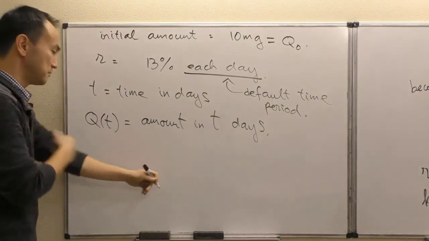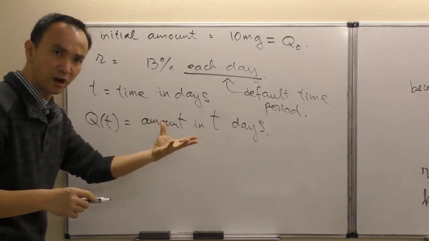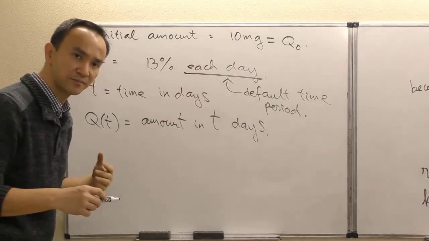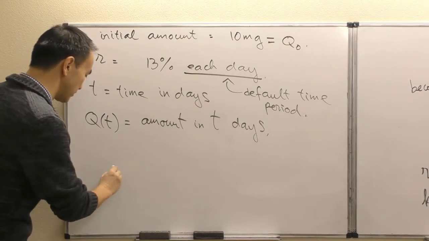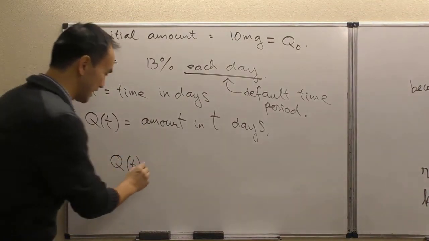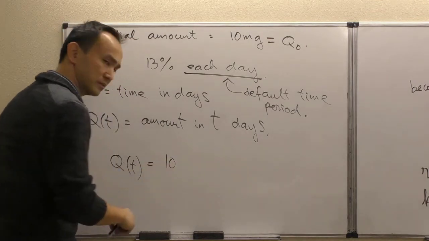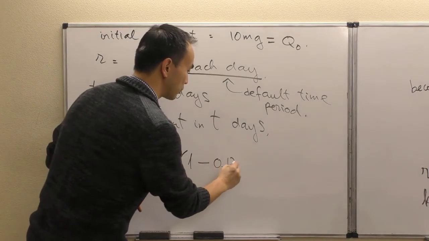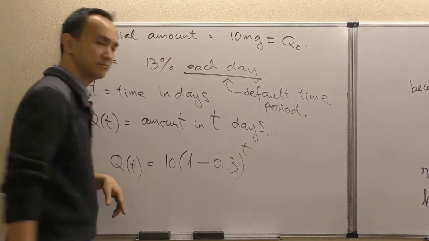So now, when I was working on this problem number 4, way earlier in this lecture, I finalized this exponential function as 10 milligrams times 1 minus 0.13 to the t.